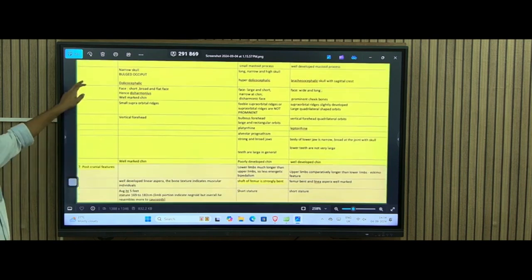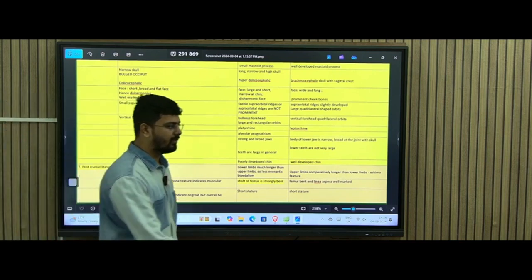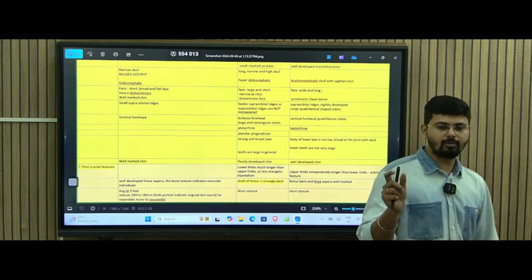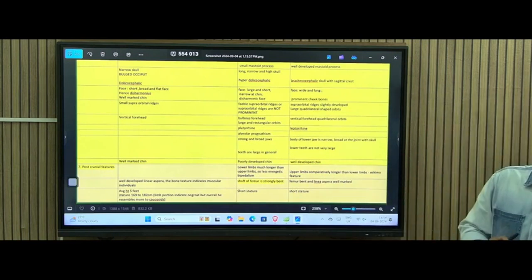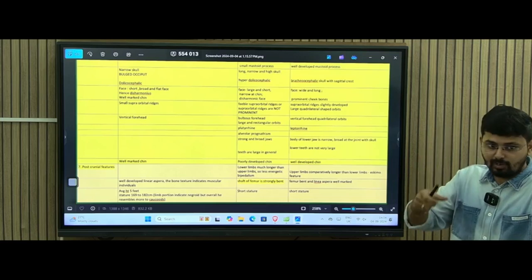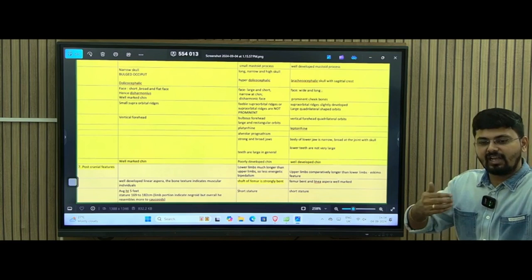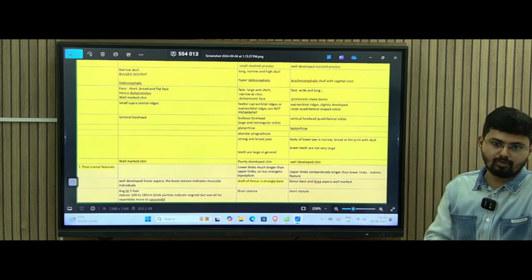Then you can see the postcranial features, that is a well developed linea aspera. If you remember, I showed you the femur bone. On the femur bone, there are 2 lines that are called linea aspera. They help to attach your muscles to the thigh bone.